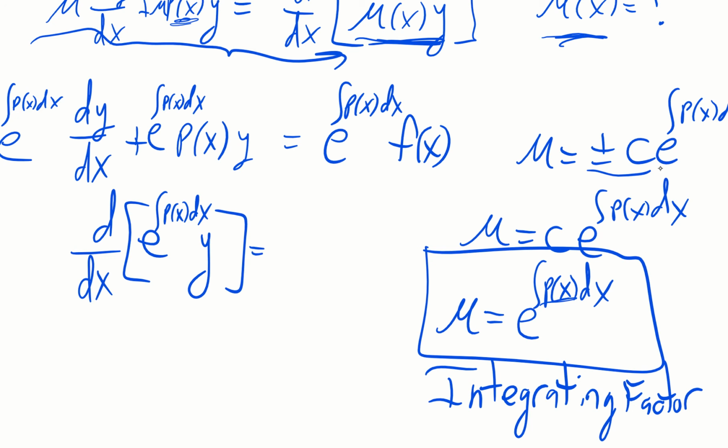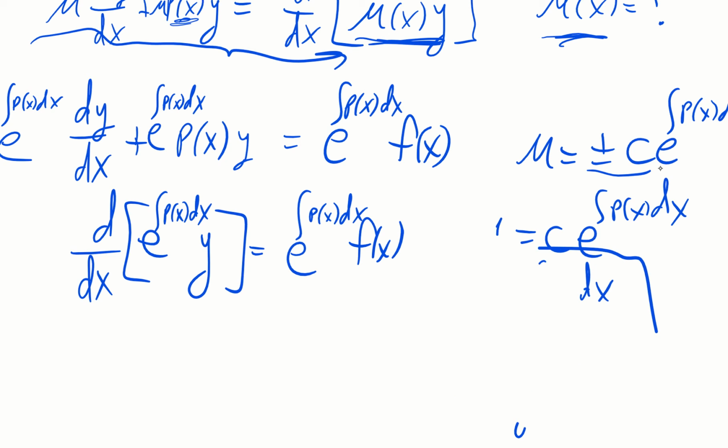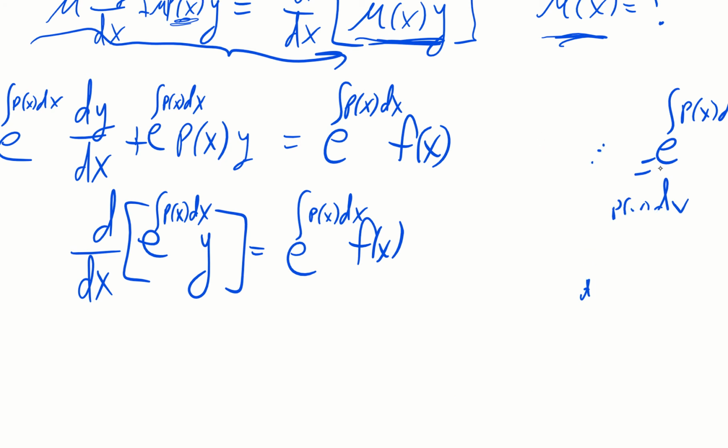And this is equal to e to the integral of p of x dx times f of x. So in essence, all we need to do at this step is integrate both sides with respect to x. That will get our function y, the function we were looking for, our solution. That will remove it from this derivative, and we'll be able to algebraically solve for y.